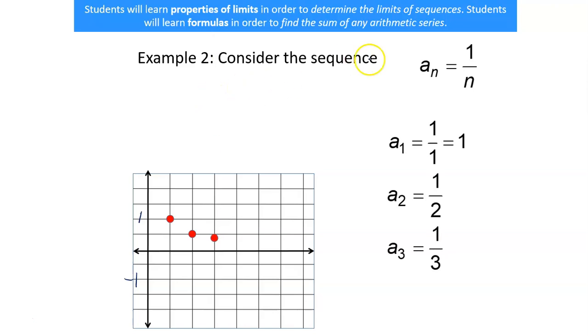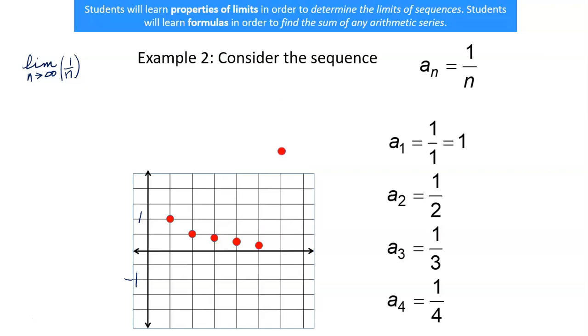So again, what we're asking here is, when we consider this sequence, we're actually looking at the limit as n approaches infinity of 1 divided by n. So we want to know as n gets large, what happens to this term. When I put in a 4, I have 1/4. If I put in a 5, I have 1/5.